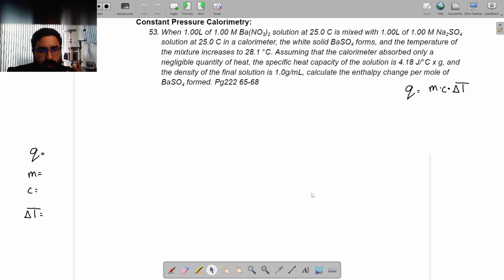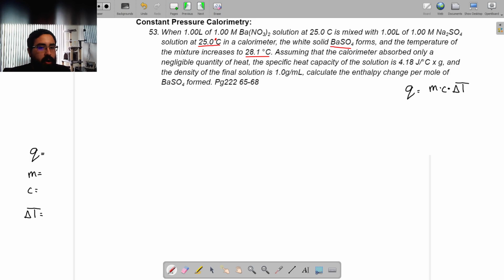Okay, so let's take a read. When 1.00 liters of a 1.00 molar barium nitrate solution at 25 degrees Celsius is mixed with 1 liter of a 1.00 molar sodium sulfate solution at 25 degrees Celsius in a calorimeter, the white solid barium sulfate forms and the temperature of the mixture increases to 28.1 degrees Celsius.